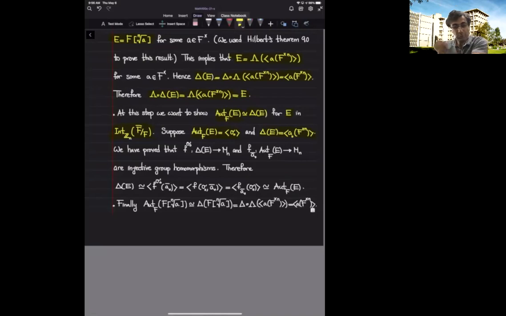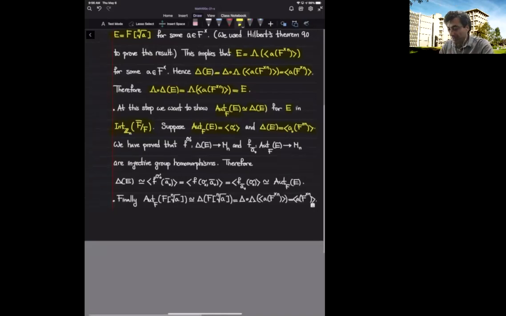Then I have two embeddings using the Kummer pairing. I can fix sigma naught and think about the Kummer pairing just as a function of the second component. So I get this embedding, and we proved that in this case it is an embedding. So we get an injective group homomorphism from delta of E to M sub n.